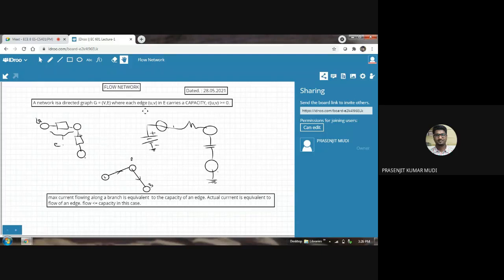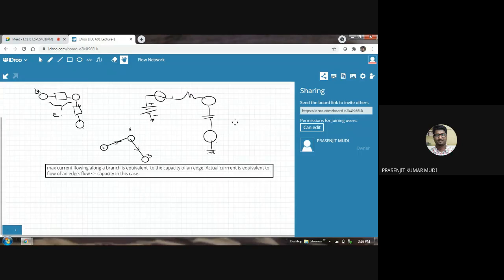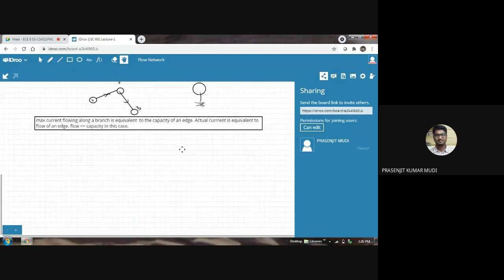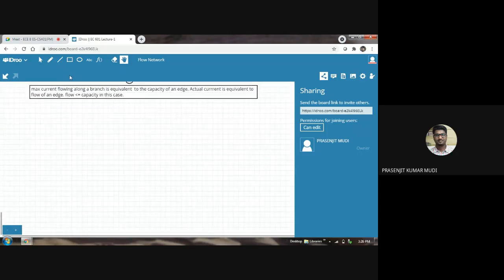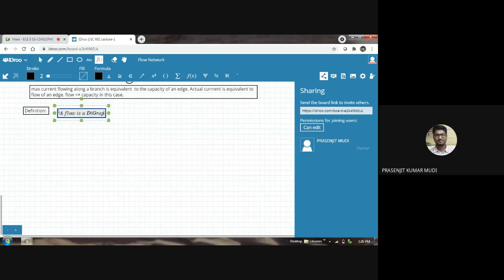So now coming back to the network concept here. A flow in a digraph, that is a directed graph, G equal to (V, E).